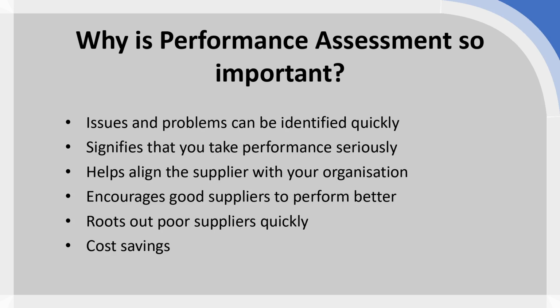If we remember from our supplier management week, that basic formula of supplier motivation is supplier performance is ability multiplied by motivation. And what we're doing here is we're reducing the motivation because there are no significant consequences.